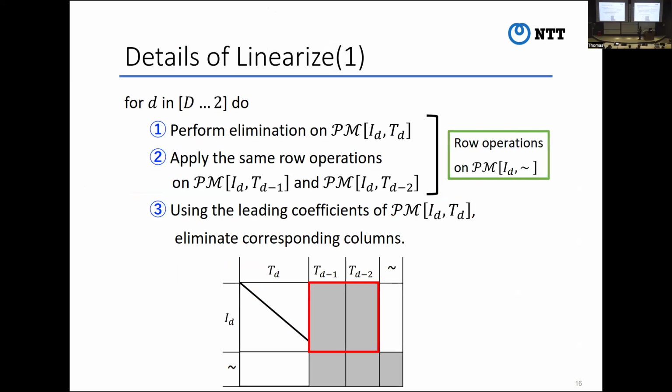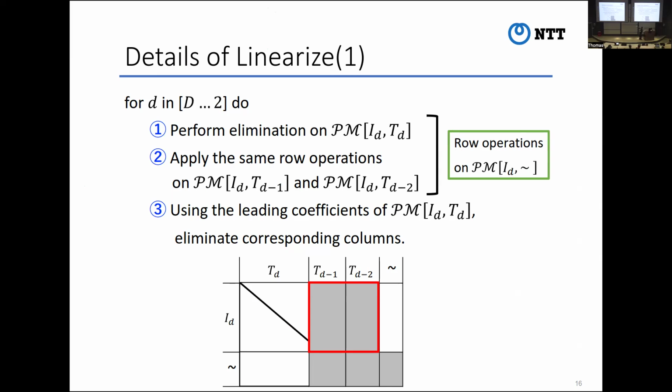And these are the details of the linearize one step. For each degree d from capital D down to 2, we first perform the elimination on this submatrix PM_{I_d,T_d}, composed of only elements of the base finite field.